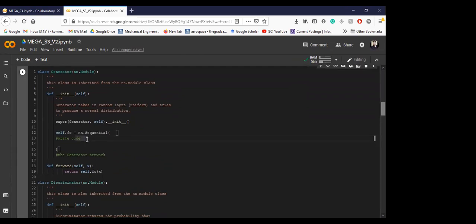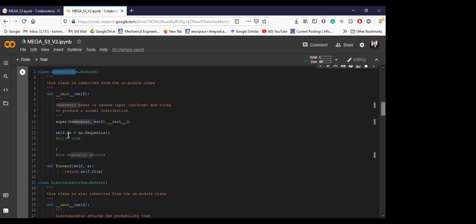PyTorch is slightly more complicated to learn at first glance, but it gives you so much more flexibility when you're trying to learn. So we write a generator class.